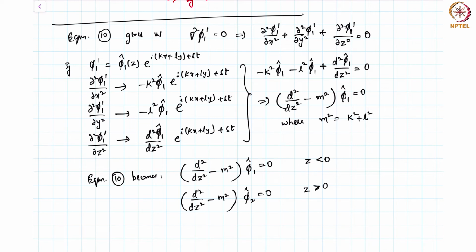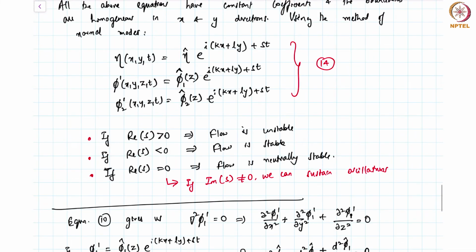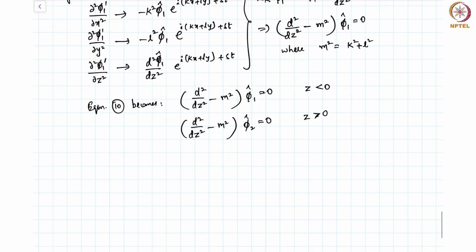Now, we can look at this equation that we have here and simply substitute the simple exponential form. So if I have d square by dz square minus m square of phi 1 is equal to 0, to solve this, we can assume phi 1 of z to simply be of the form e power lambda z, where lambda is unknown.